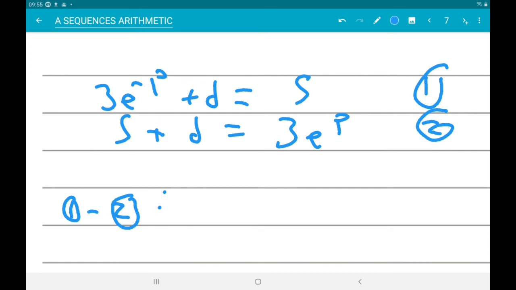So that's going to give us 3e to the minus b minus 5, and on the right we get 5 minus 3e to the b.